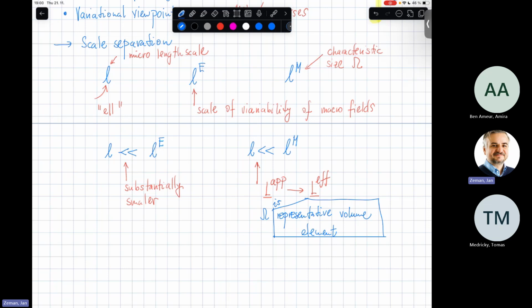So again, my observation window, the window which I use to analyze my effective properties, is substantially large in order to be able to determine this homogenized part.